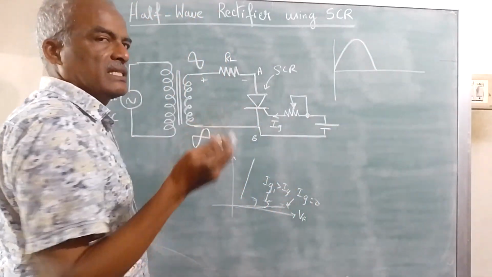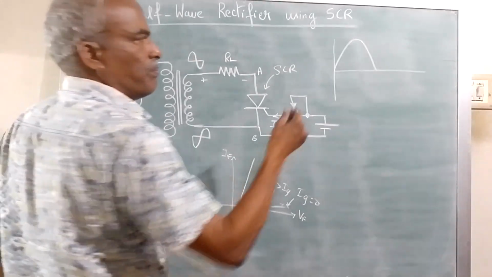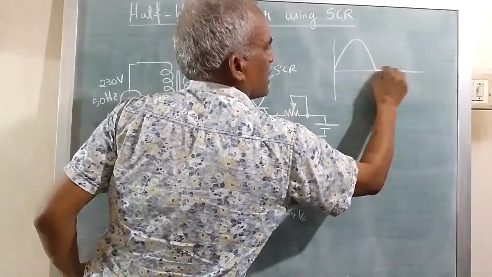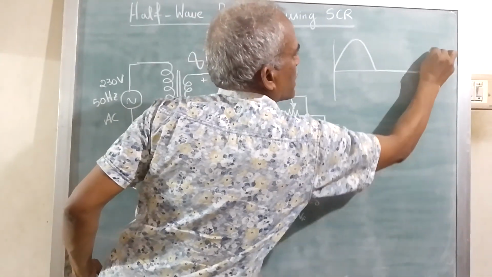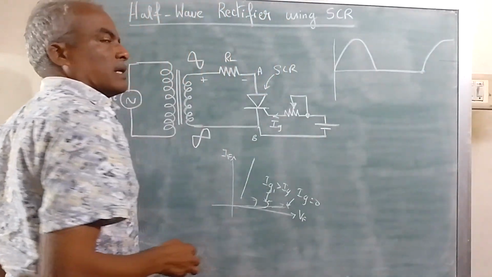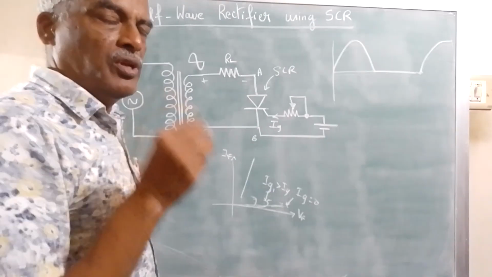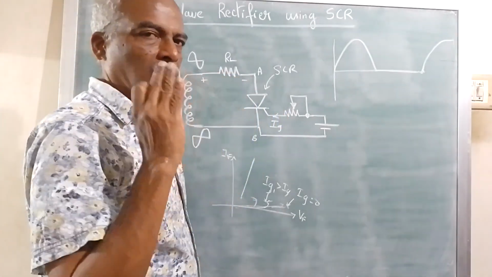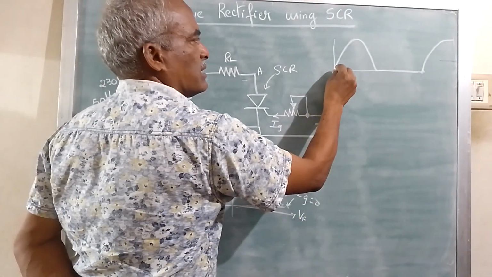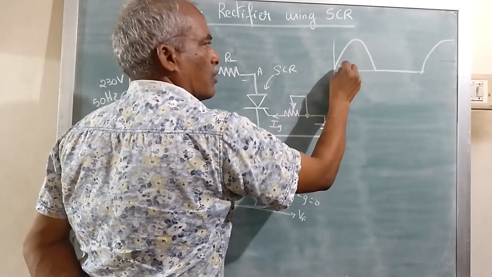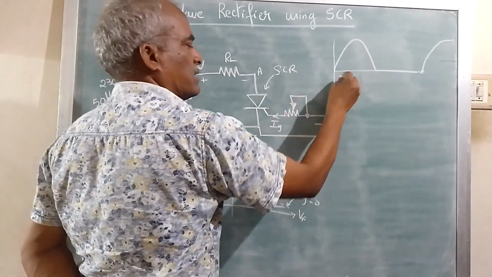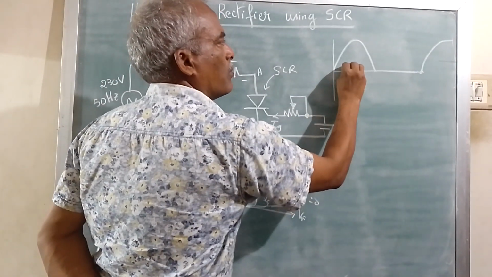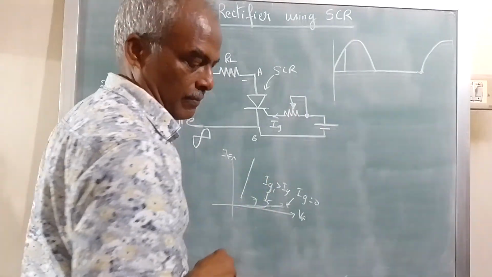If I use an ordinary PN diode, it conducts in the positive half cycle, does not conduct in the negative half cycle, and once again conducts in the positive half cycle. But the beauty of this gate current is that you can control the conduction angle. You can make the device conduct at a particular gate current. That means here it will be off, and at one particular moment it will start conducting.